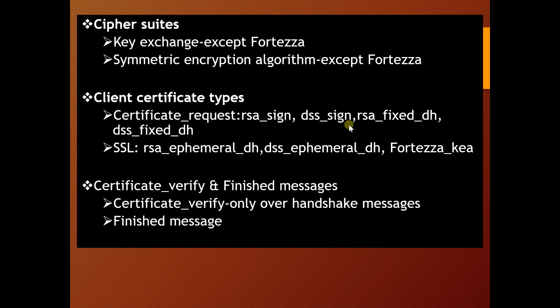Okay, so we have seen the differences in terms of cipher suites and client certificate types. There is another difference in terms of the certificate verify and finished messages. In TLS, the certificate_verify message makes use of the MD5 and SHA1 hashes, and these are calculated only over the handshake messages.